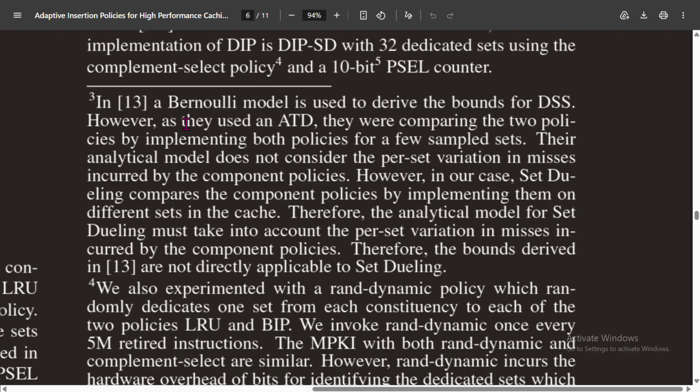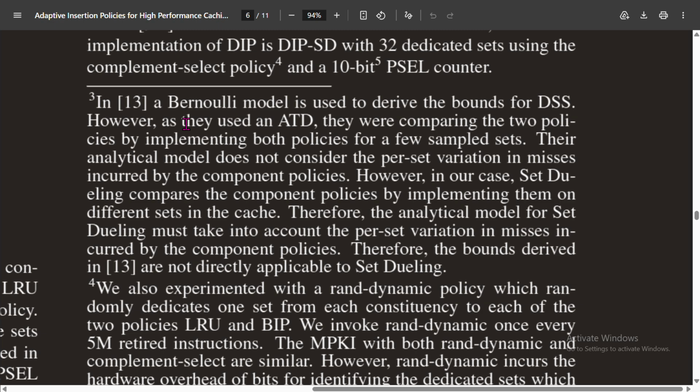In one of the papers, a Bernoulli model is used to derive the bounds for DSS. However, as they used an ATD, they were comparing two policies by implementing both policies for a few sampled sets. Their analytical model does not consider the per set variation in misses incurred by the component policies.